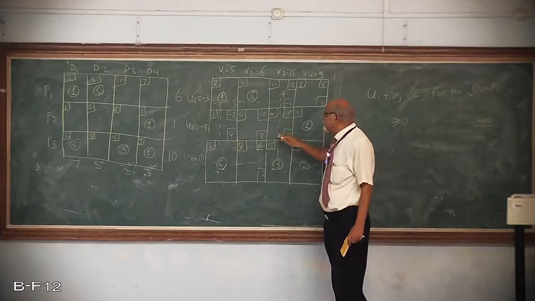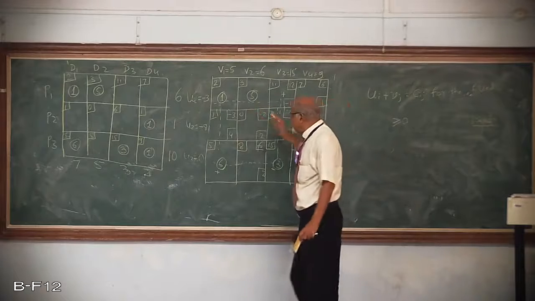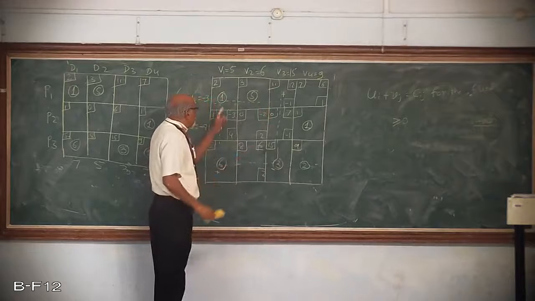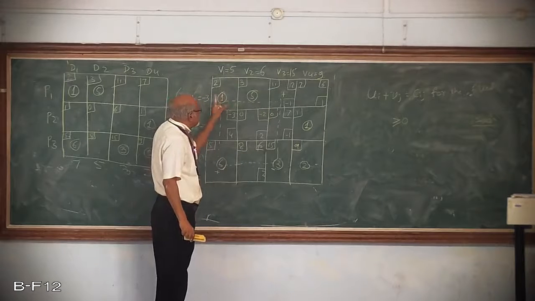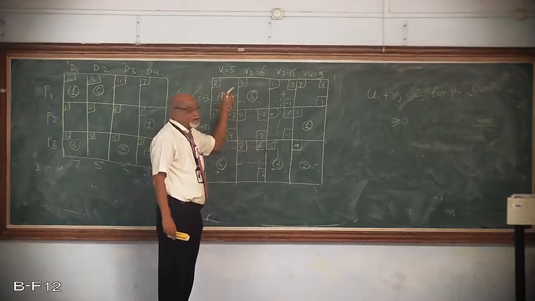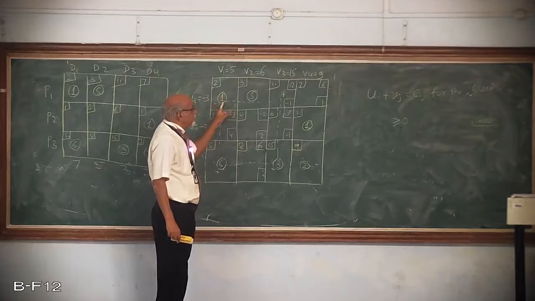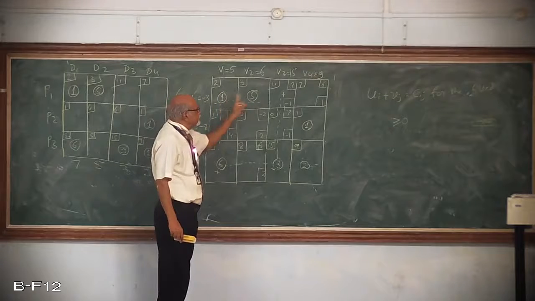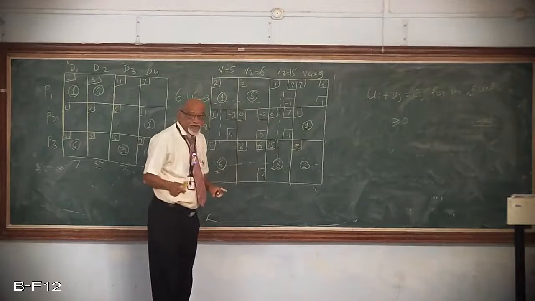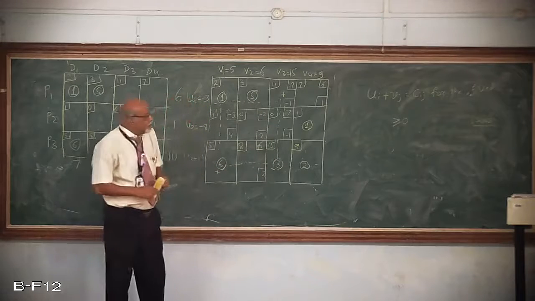In this case, one will be shifted and put over here. So this will become the leaving variable. Again, in lieu of this one, the number of allocations would remain the same, that is 6 only. Let us see how it works.